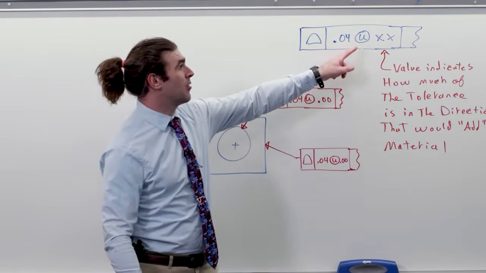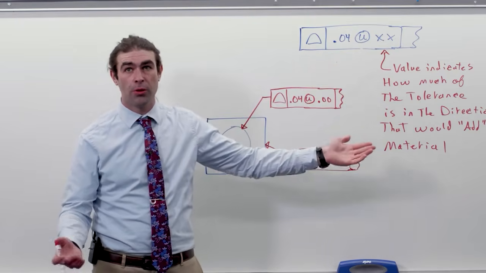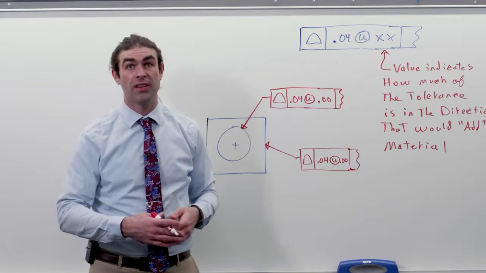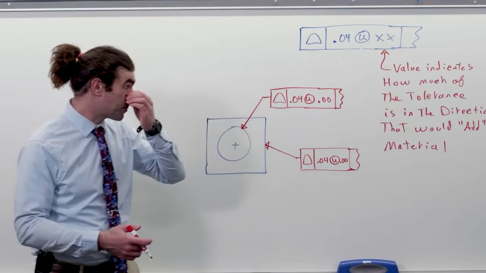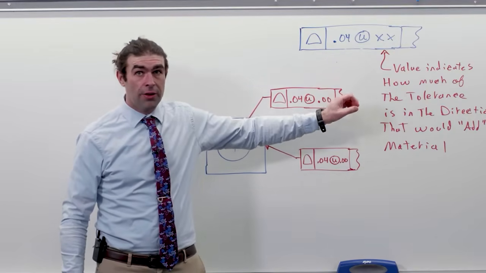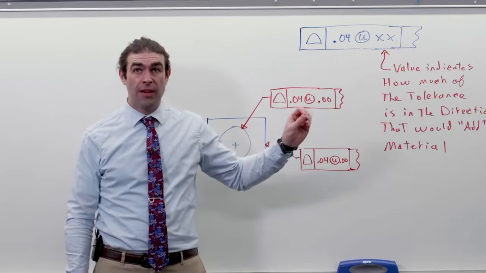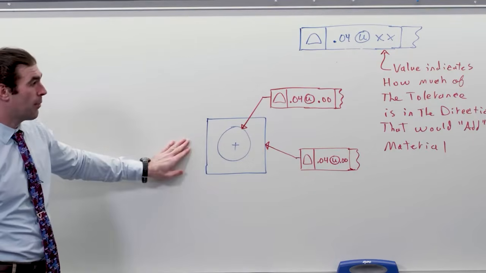So in this case, it could be 0, 10 thousandths, 20, 30, or 40, or it could be a decimal of those, but normally you wouldn't add more decimal places than is already right here. Now, this value indicates how much of the tolerance is in the direction that would add material. Now, what that means, I've got an example here.